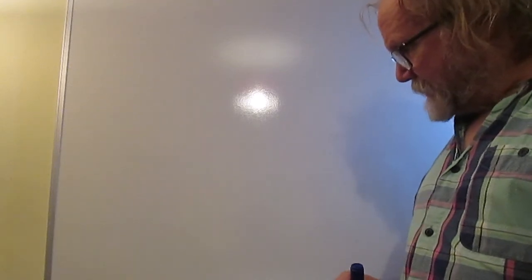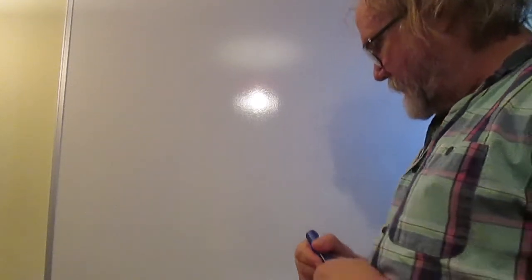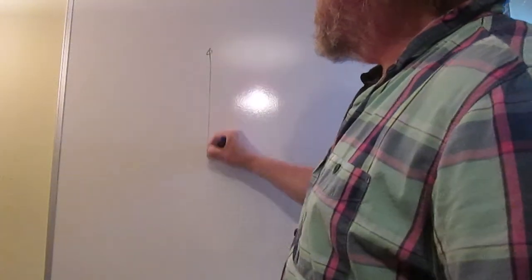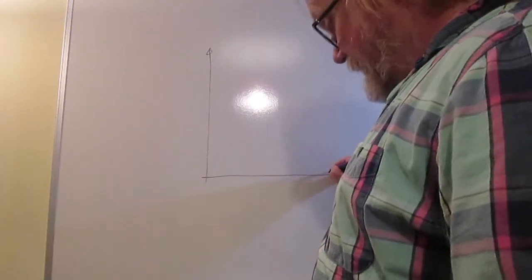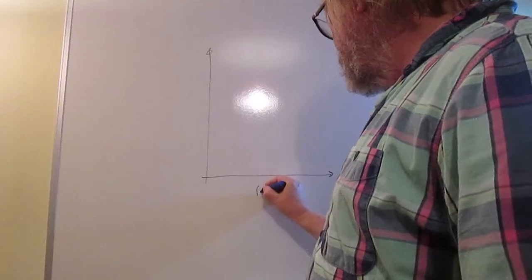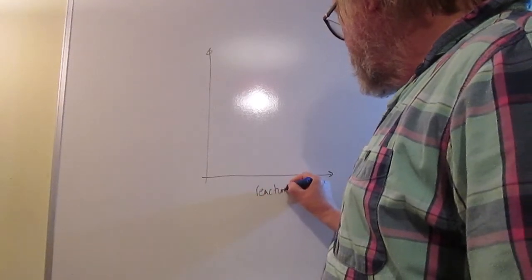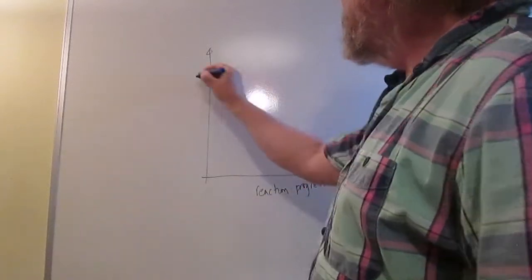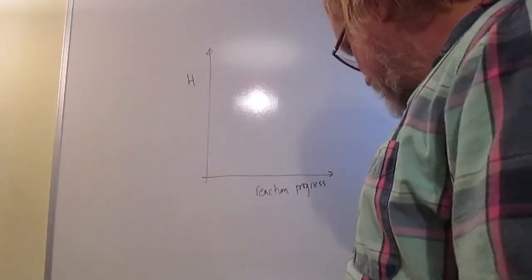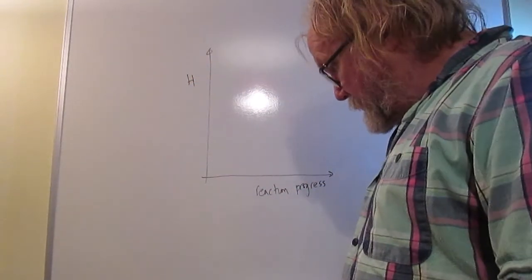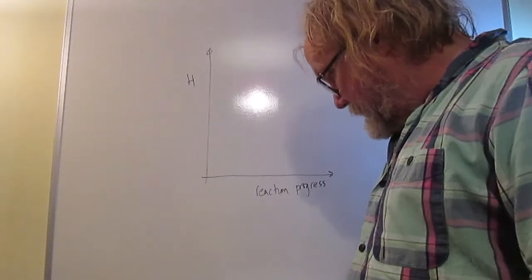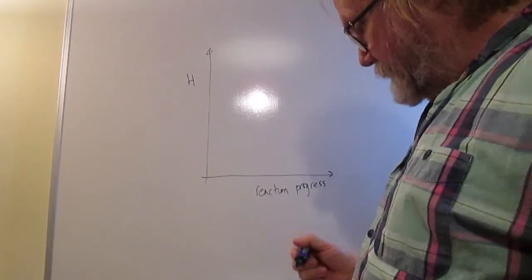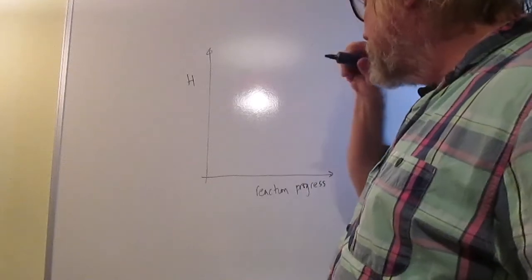Okay, the second part now is asking for an enthalpy profile diagram, and they've given you the axes. So we've got the reaction progress along the bottom and enthalpy up the side. And it's asking you to use that to illustrate how a catalyst works.